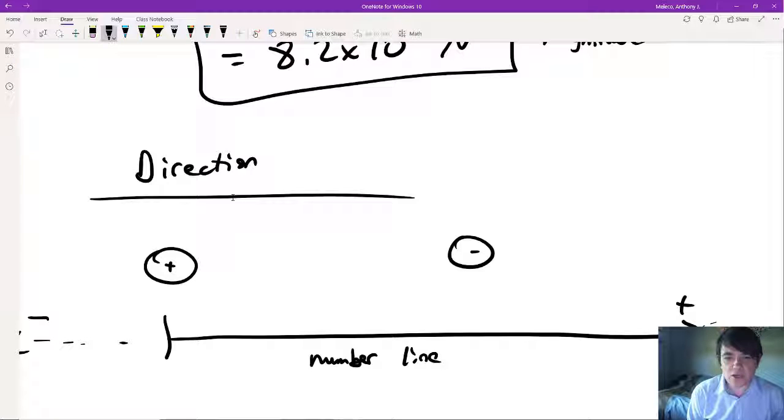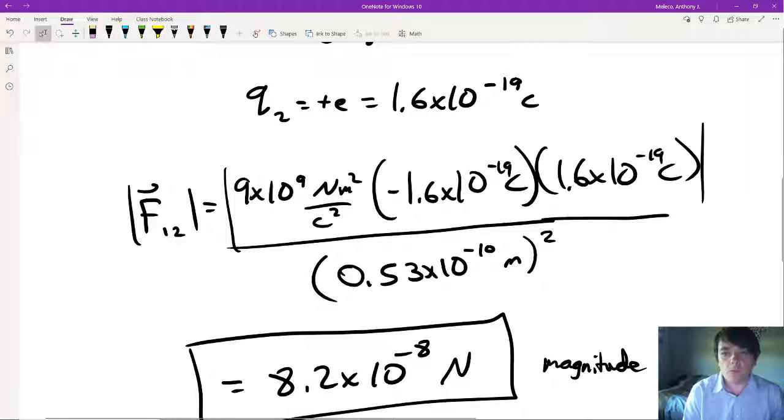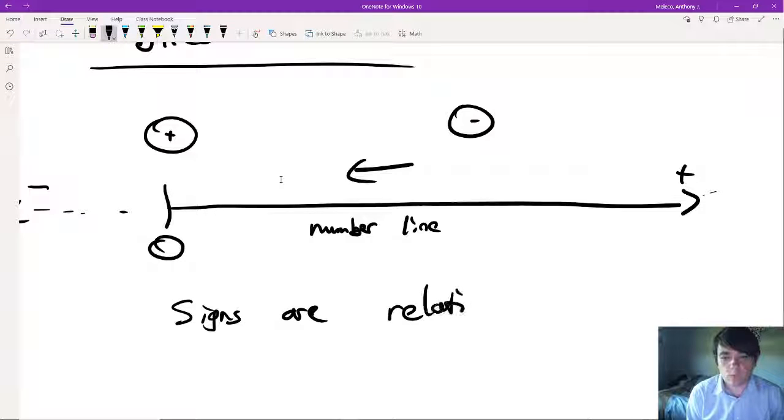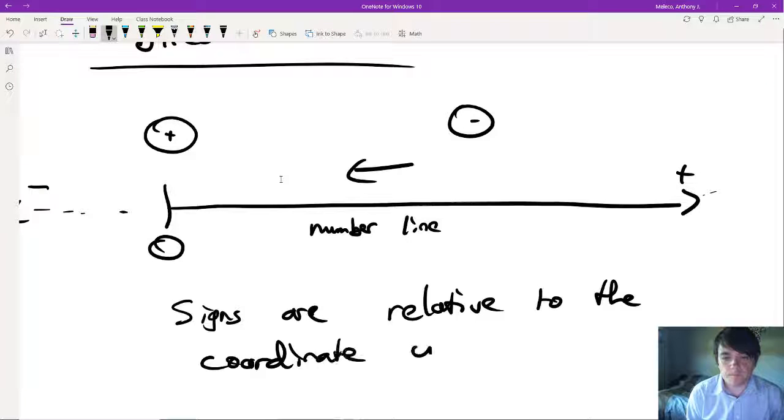The negative sign actually refers to this direction, because just like in Physics 1, it's very important what your origin is and what your coordinate system is. So when you're looking at signs and what they mean, they're relative to the coordinate system you establish, okay?